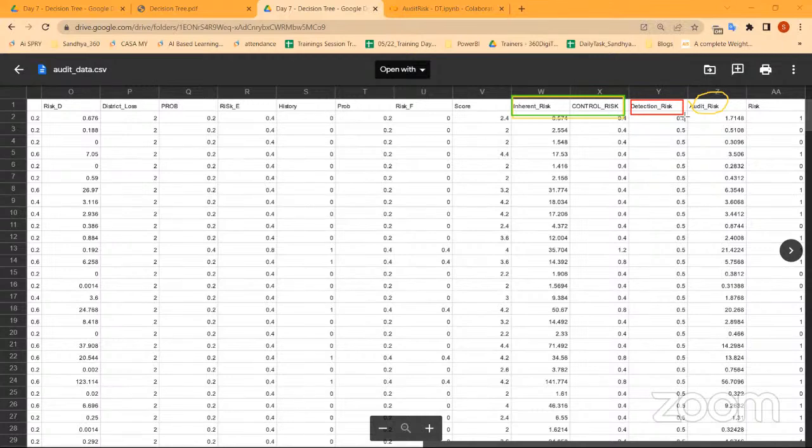Inherent risk is one of the risks that auditors and analysts must look at when reviewing financial statements, along with the control risk and the detection risk, right?